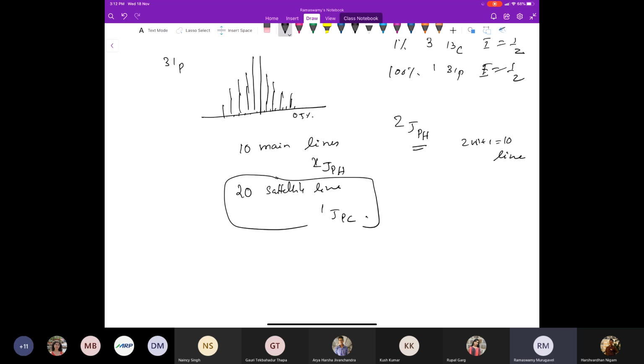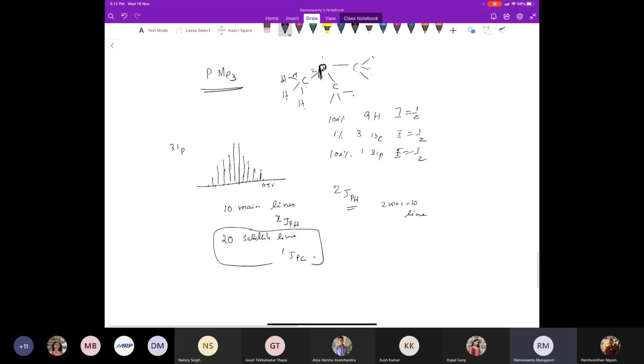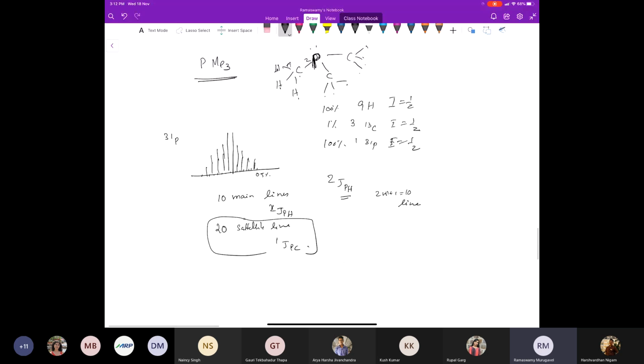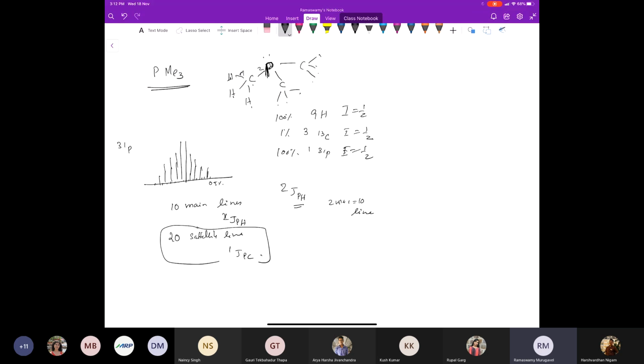But suppose you have a very high concentration of the species and very good resolution, you can see this. So this is how the phosphorus NMR of this compound would look. Now how would the proton NMR look? The 9 protons will couple with the phosphorus and give a simple doublet.